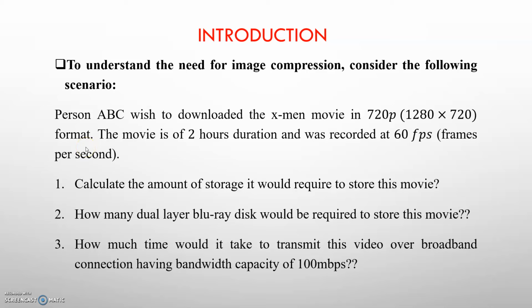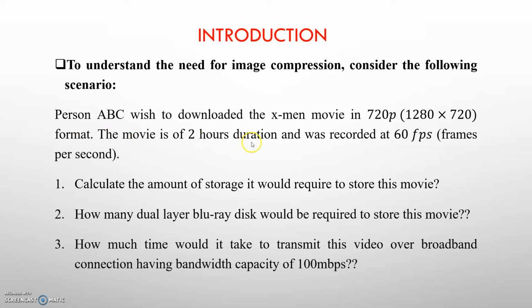Actually, there is one ratio which is 16 is to 9. So if you maintain 16 by 9 is equal to x by 720, you will get x as 720 into 16 divided by 9. That will be 1280. So 720p basically implies 1280 into 720 format.